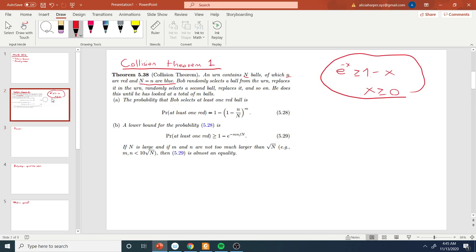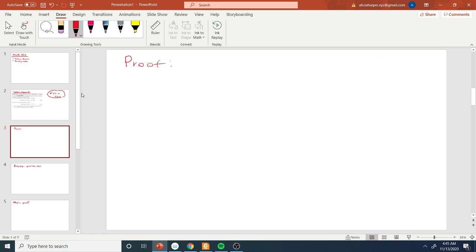So the proof goes as follows. We can understand the probability of at least one red by understanding that it's equal to 1 minus the probability of all blue.